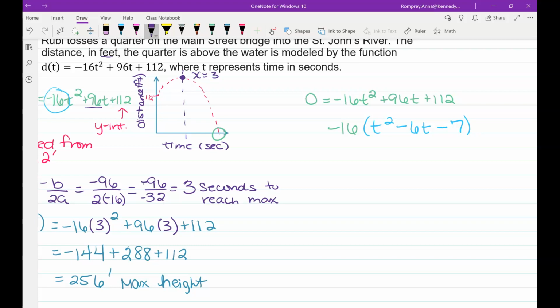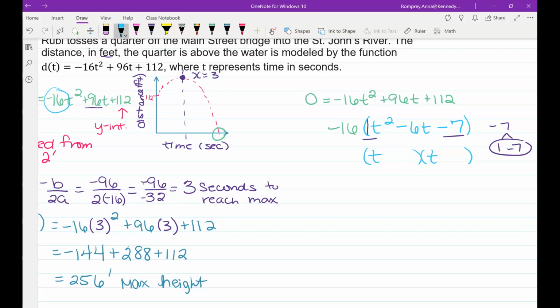Okay, so a is 1, a times c. So I have factors of negative 7 that give us negative 6. 1 and 7, so I want a negative 6, so 1 minus 7. Now if you haven't figured this out yet, if your a is 1, the only thing that will give me a t squared is a t times a t.